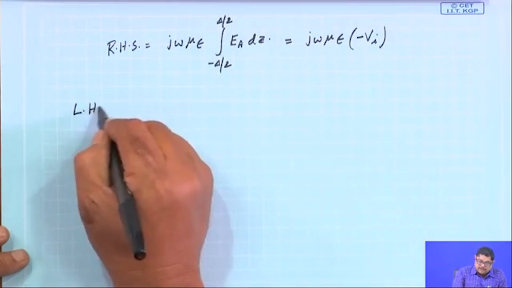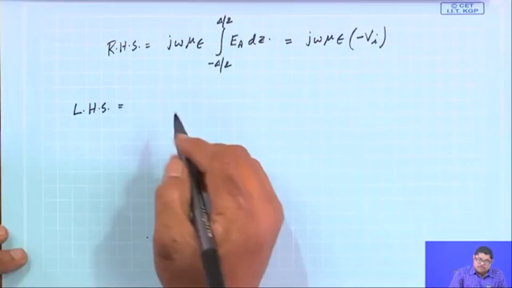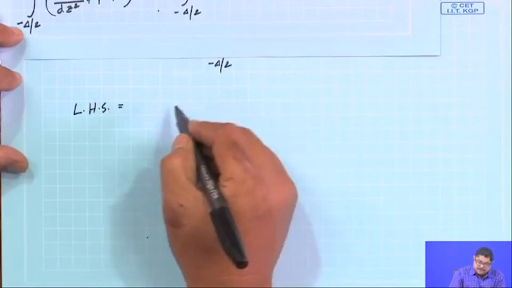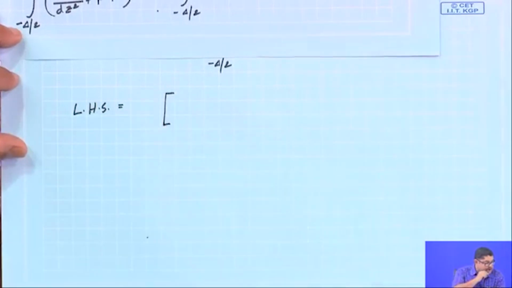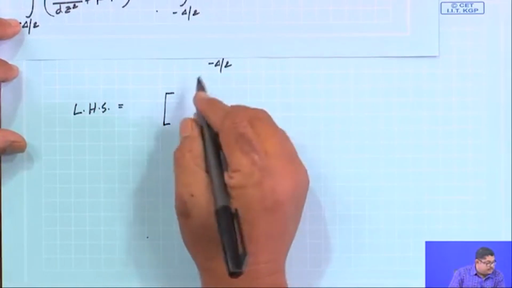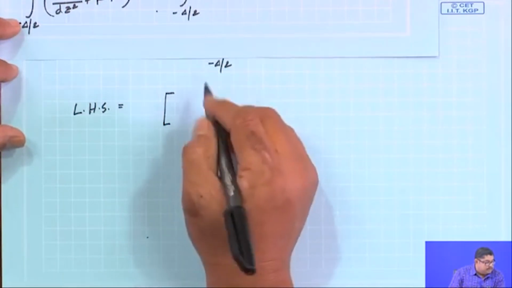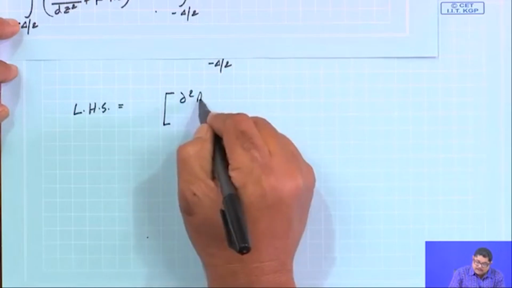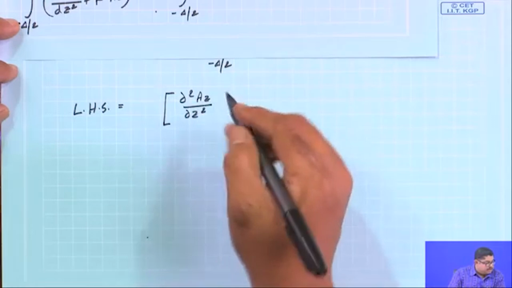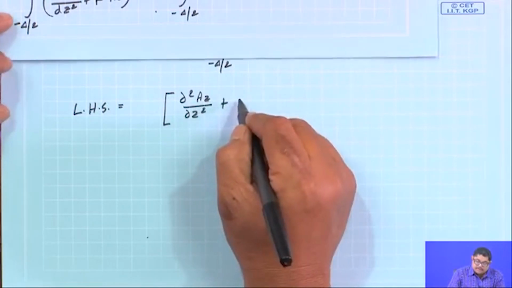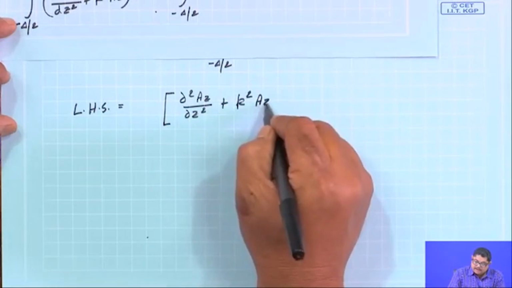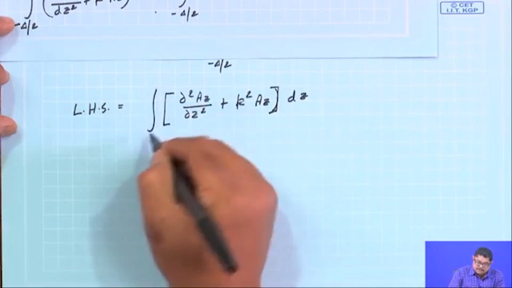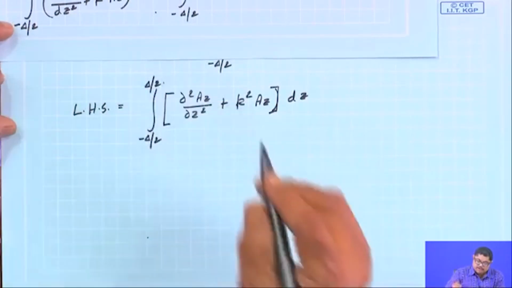Now, let us look at the LHS. If I integrate it, it is del square Az by del z square plus k square Az dz from minus delta by 2 to delta by 2.